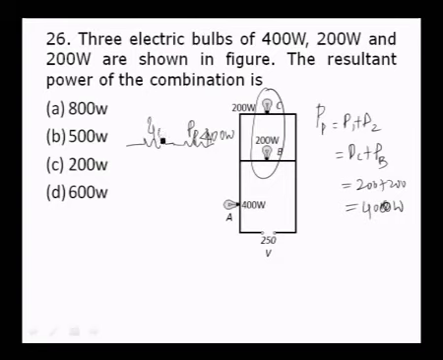Okay, this is 400. When they are in series, we have effective power in series given by 1 by PS is equal to 1 by P1 plus 1 by P2.